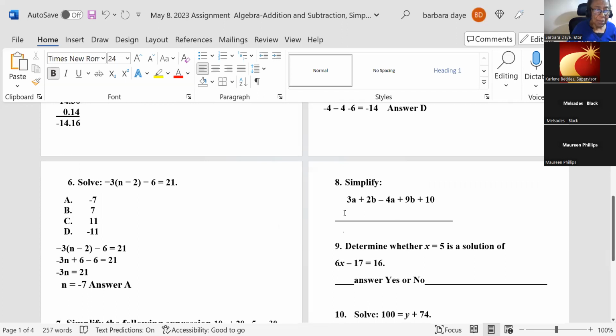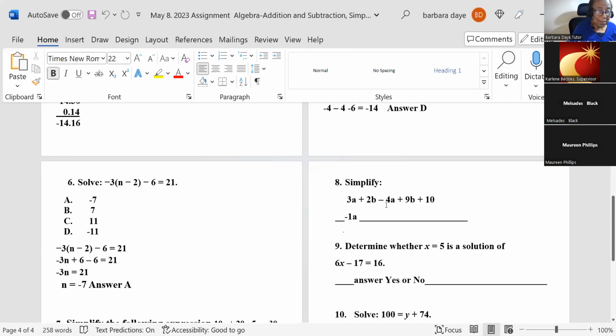What would that be equal to? 3a minus 4a would be 1a, plus or minus? Minus. So why did you give me a plus? I gave you a plus. Yes, you gave me a plus 1a. And when you subtract, you get negative because the higher absolute value, the 4, is negative.